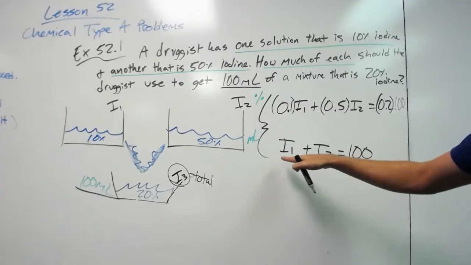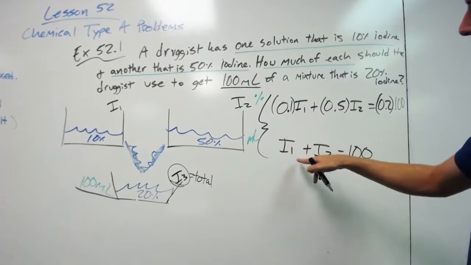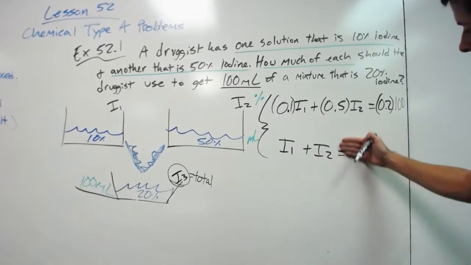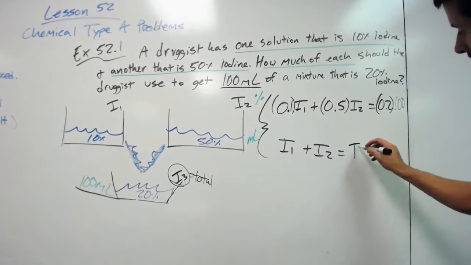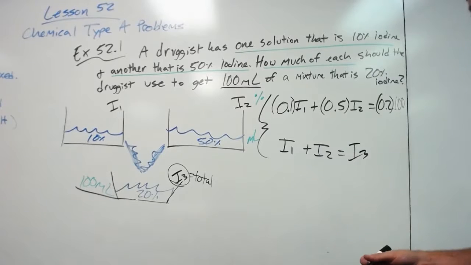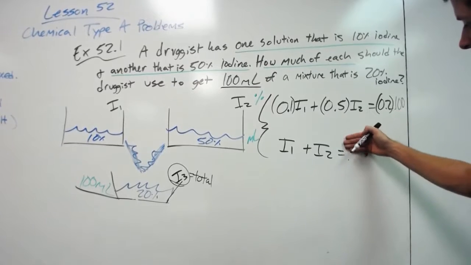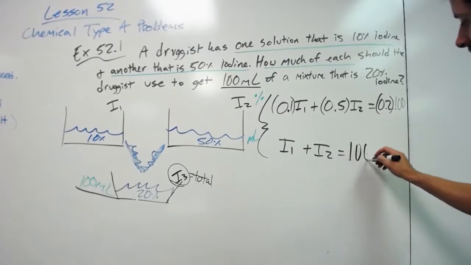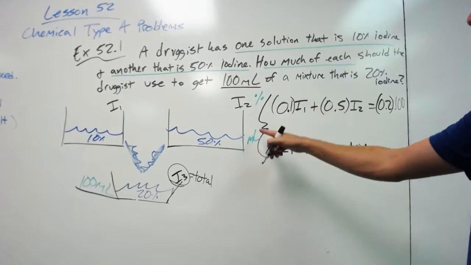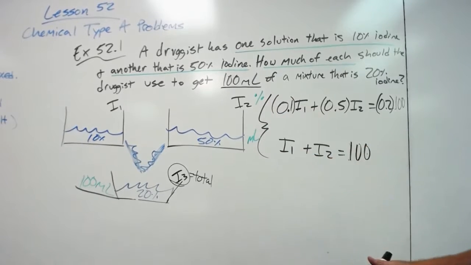So we say iodine 1, plus iodine 2, once again, would equal iodine 3. And that's very basic, as it should be. Once again, we know iodine 3 is 100, so we're just substituting 100 in for our total. So now we have an equation that looks like this, and I put it in brackets.